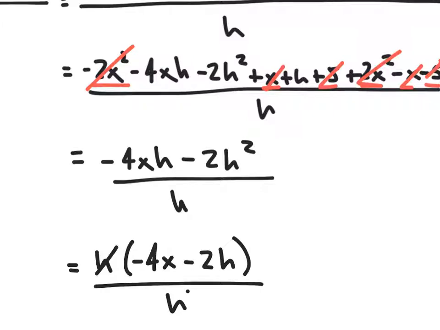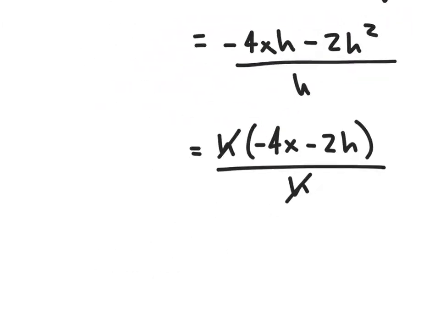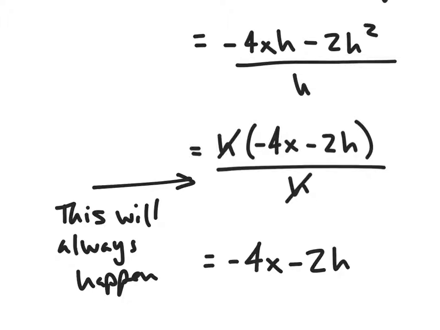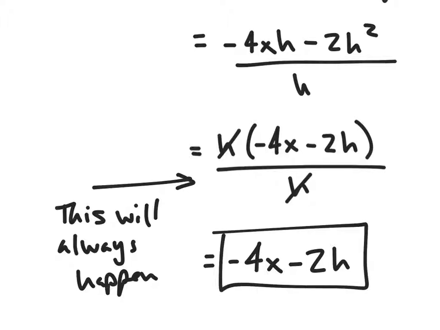These h's divide out. So this step, if you don't get to this, you're doing it wrong. This will always happen. So then what you're left with, your answer, is negative 4x minus 2h. This is your answer, and this is what we're looking for.